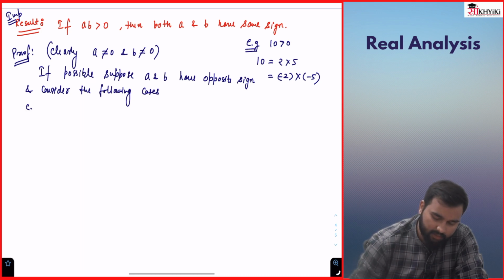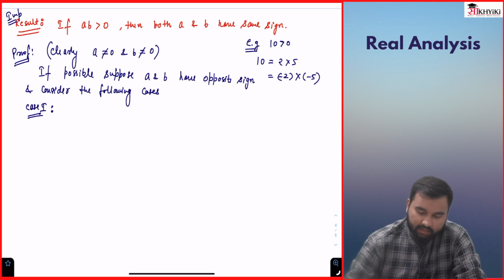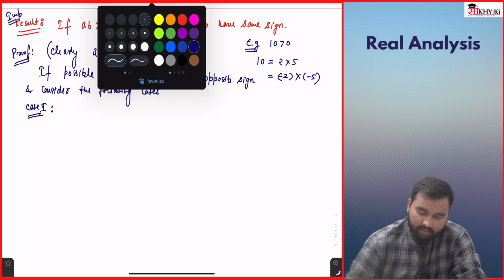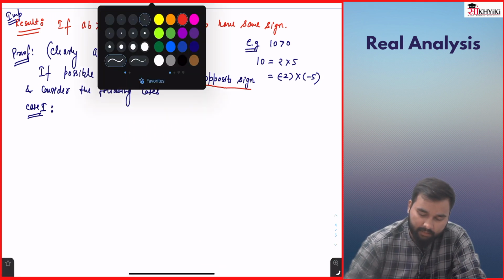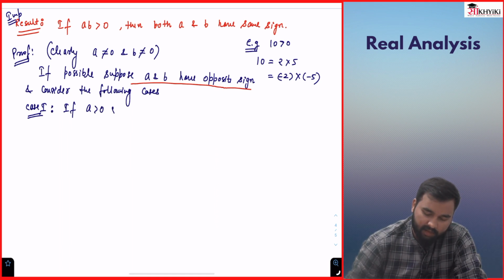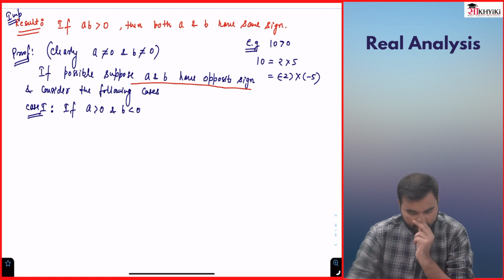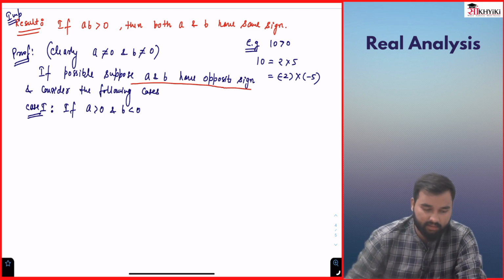Case number 1. क्या cases arise होंगे? Because now we suppose that A and B have opposite signs.